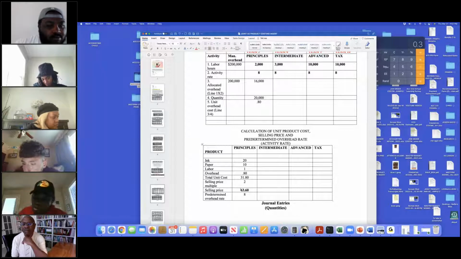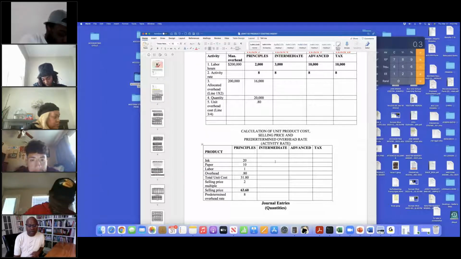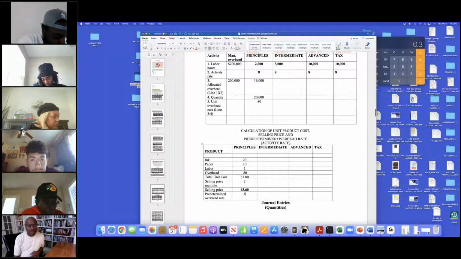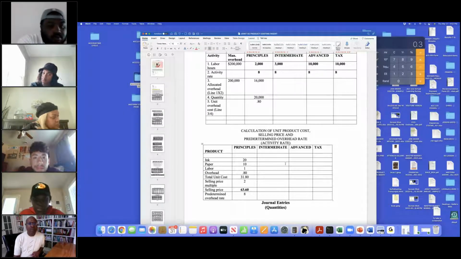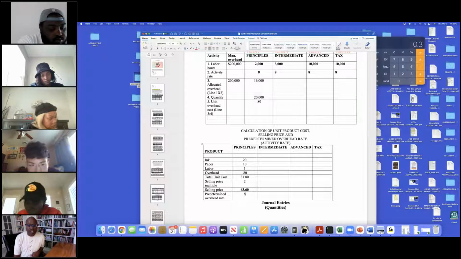No. Okay, so let's go ahead now and finish the intermediate, advanced, and tax books. We're doing the same thing we were doing with one item, but we have to get that overhead allocated to each book and then complete this. So let's take about 15 minutes and see if we can finish these two charts.